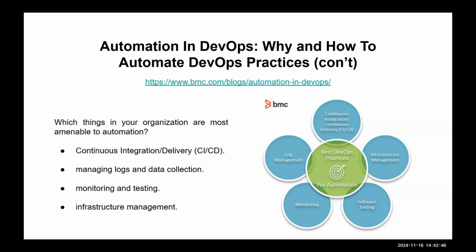But there are things in, say, DevOps that are most amenable to automation. Those are things like what we call continuous integration and delivery. This is, again, if you have some code, you can check to see if it's consistent, if it'll run, and there are quality control checks.